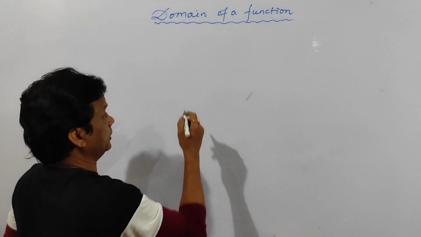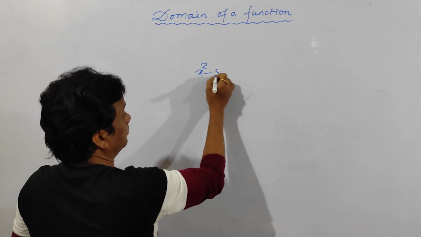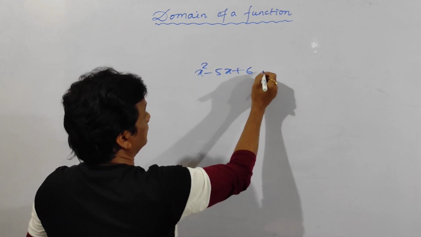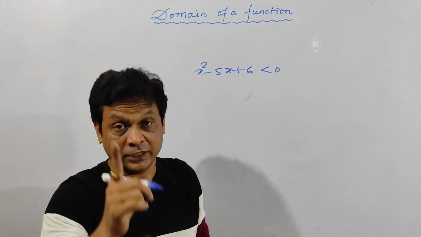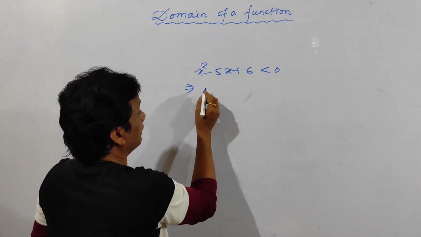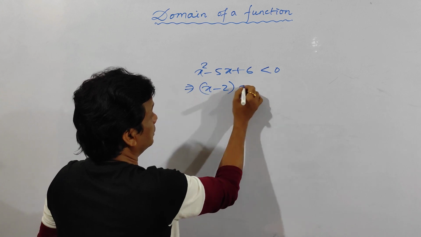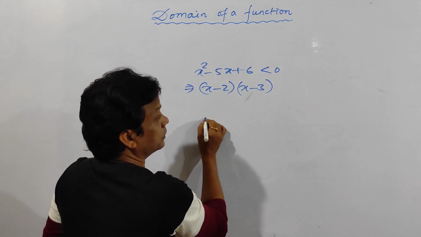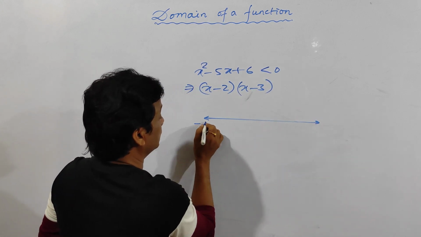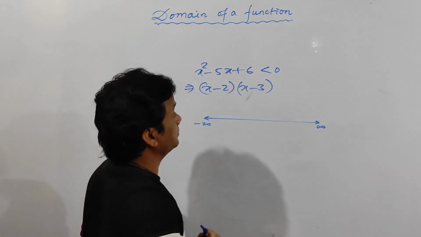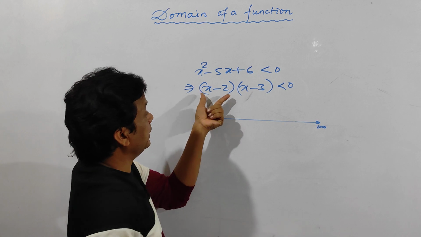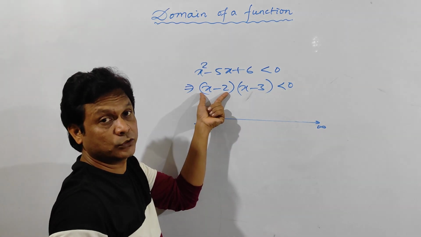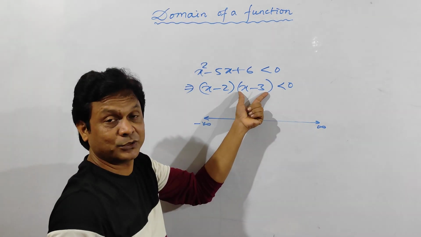If your question is like this, x square minus 5x plus 6 is less than 0, how to solve it? Clear? See here. It is (x minus 2)(x minus 3). So draw a number line. This is minus infinity, this is infinity. x minus 2 equal to 0, so x is equal to 2. x minus 3 equal to 0, x is equal to 3.